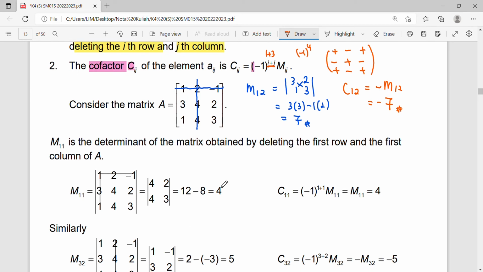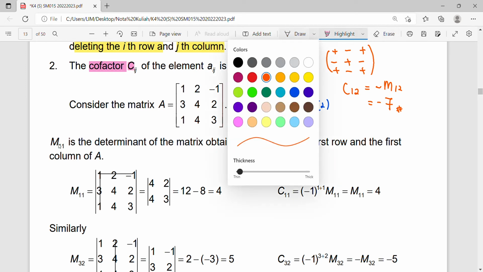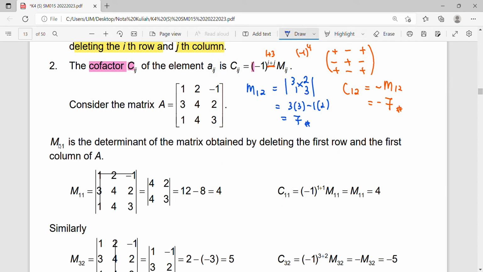Okay, let's repeat. When you say M11, M11 will be eliminating first row, first column. So that's why we do the determinant of 4, 4, 2, 3. AD minus BC, we get 4.